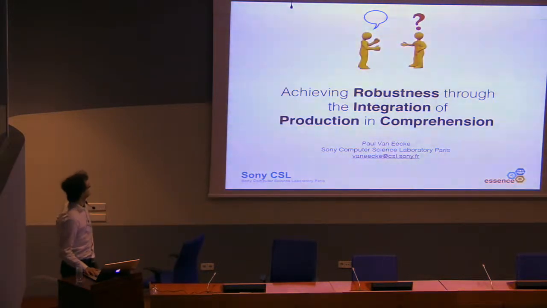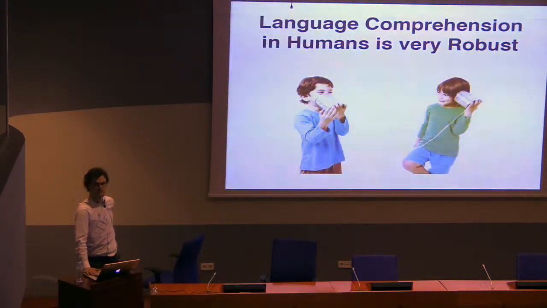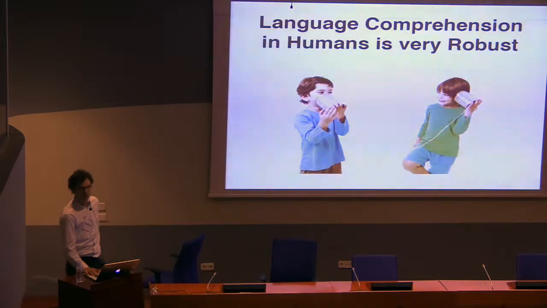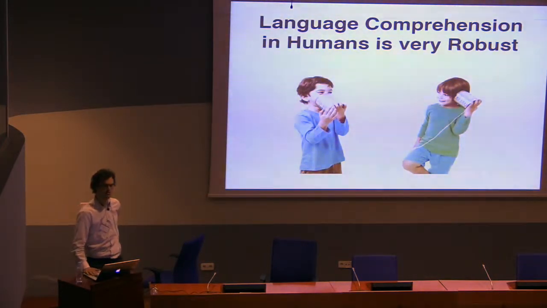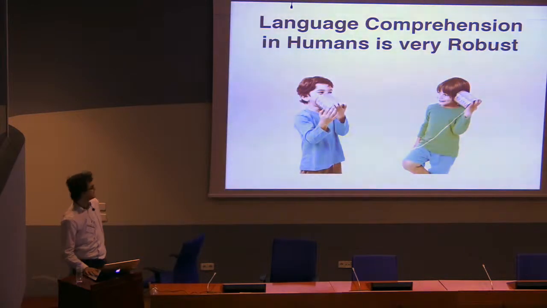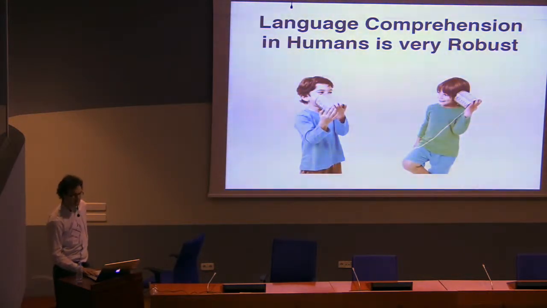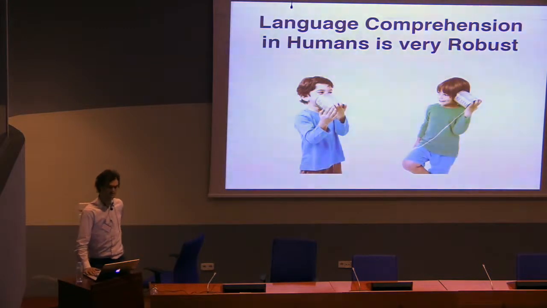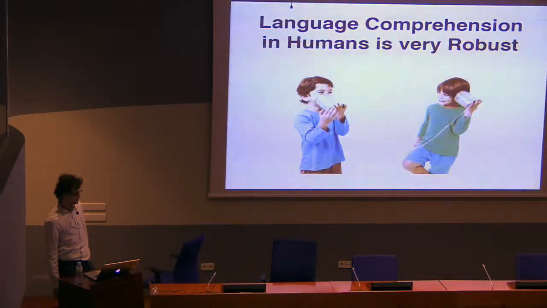Yeah. Okay, so human communication is very robust. Even in very bad acoustical conditions, or even if a speaker who is a language learner is constantly making massive lexical or grammatical errors, in many cases the listener can still reconstruct the intended meaning of the speaker, what the speaker actually wanted to express.